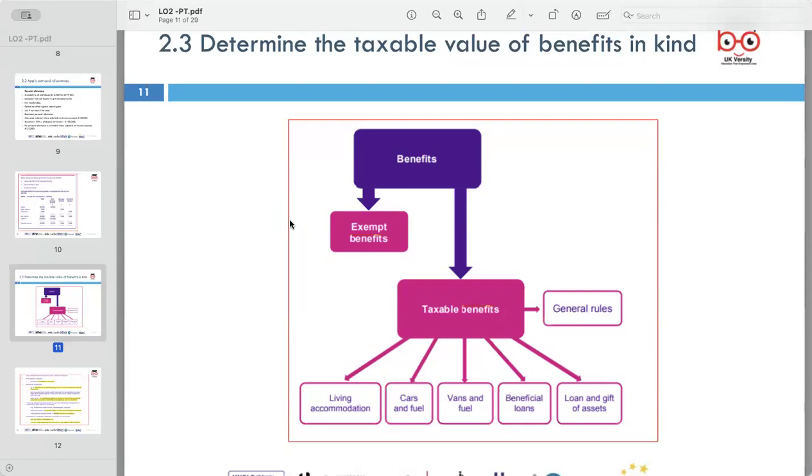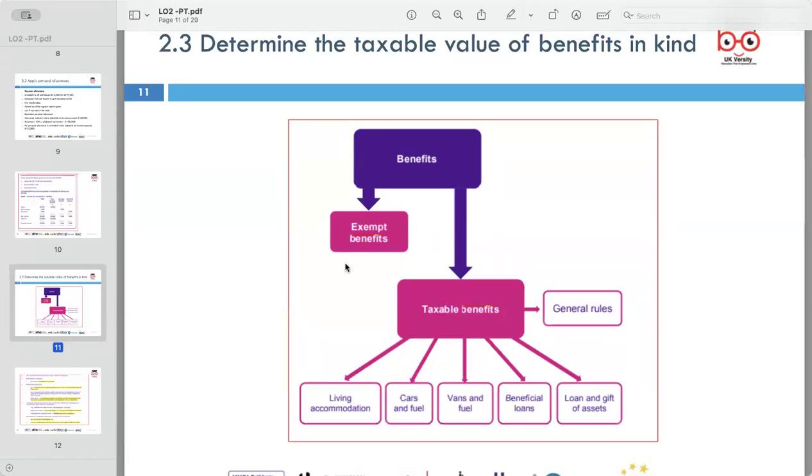So when we are determining the taxable value of benefits such as living accommodations, car and fuel, vans and fuel benefits, beneficial loans and gifts of assets, there are general rules that apply. These rules help to calculate the value of the benefits that should be included in the employees' taxable incomes.